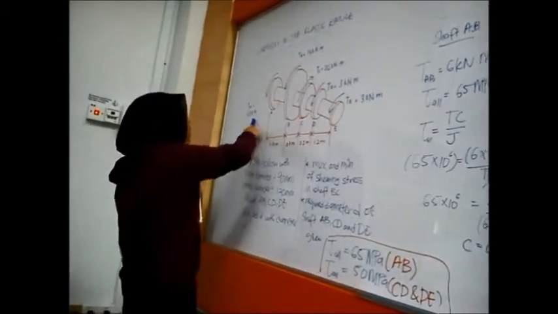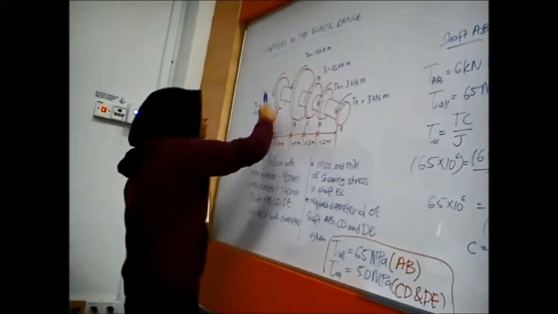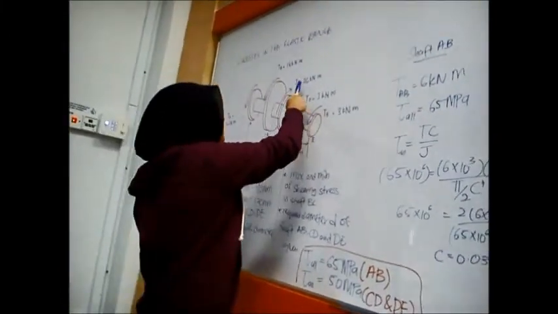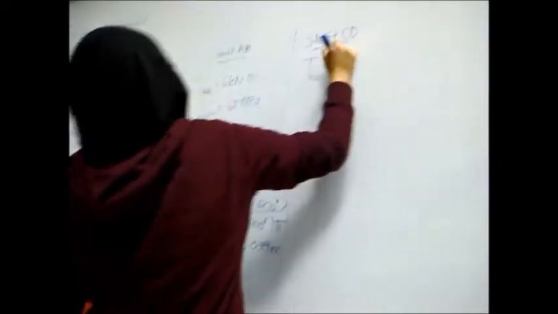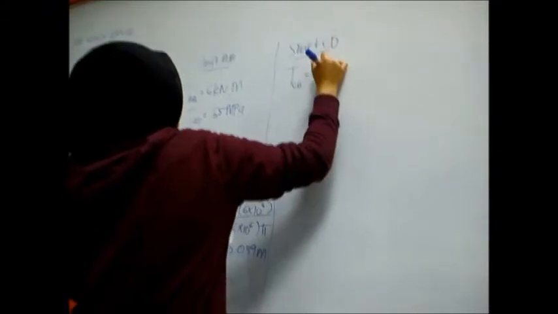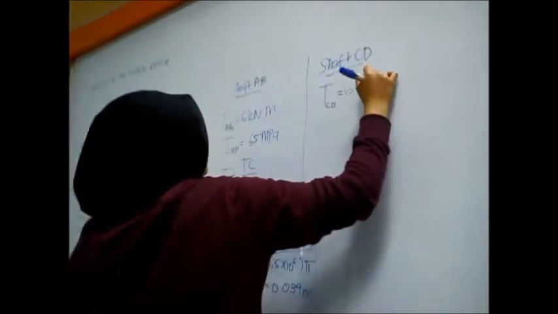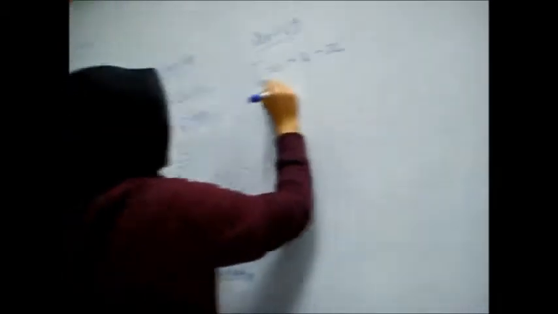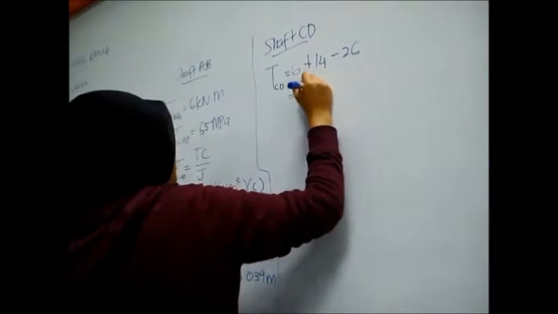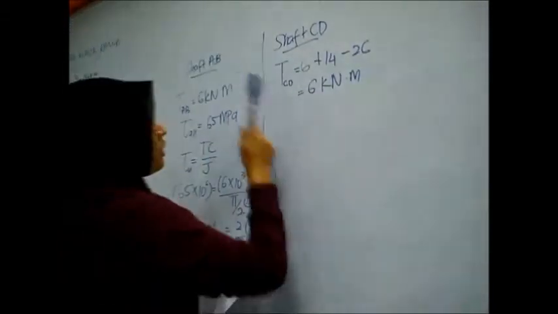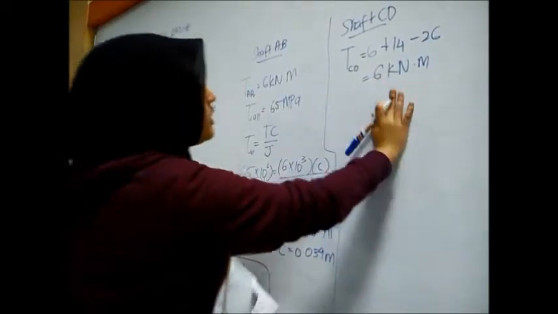So 6 kilonewton meter plus 14 kilonewton meter minus 26 kilonewton meter. 6 plus 14 minus 26, we will get minus 6 kilonewton meter. So the torque at CD will be 6 kilonewton meter.